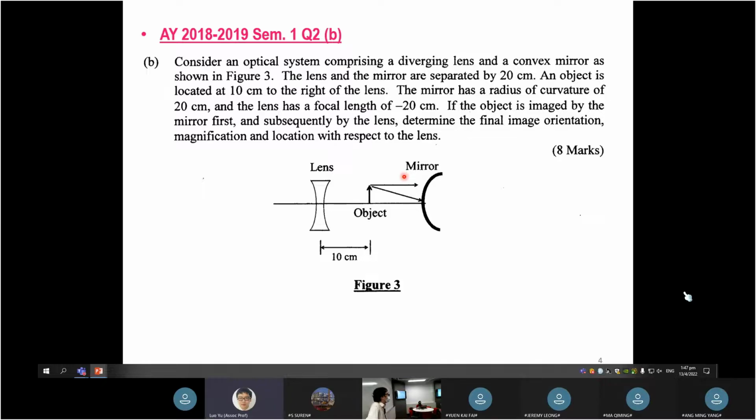First, should it be positive or negative? For a convex mirror, should it be positive or negative? Very good. Look at the shape. For a convex mirror, the focal length should be negative. The magnitude of the focal length is only R divided by 2.